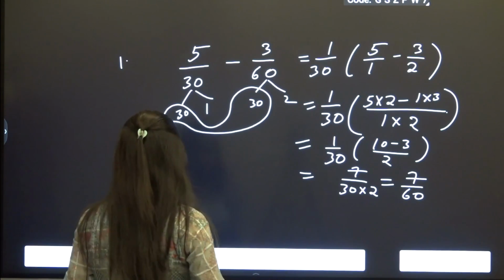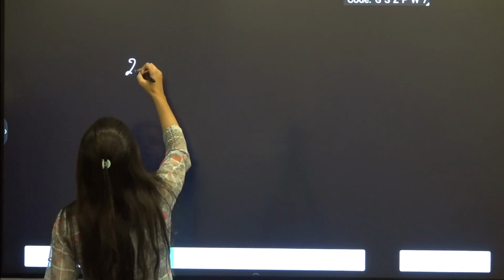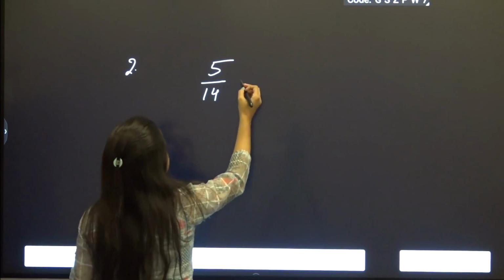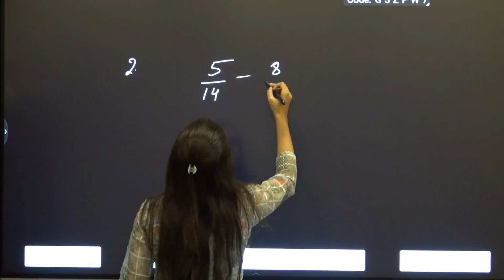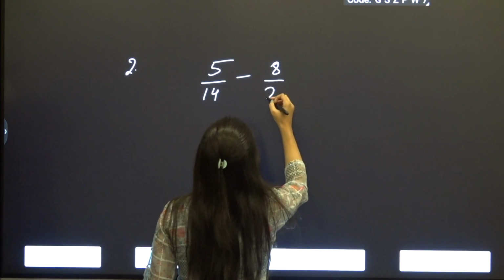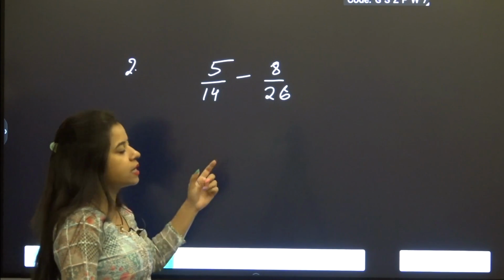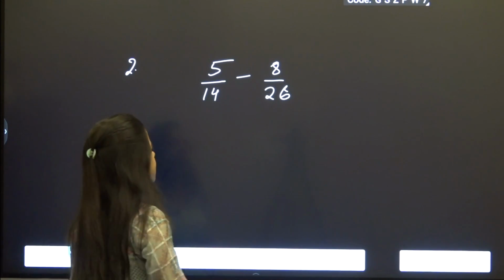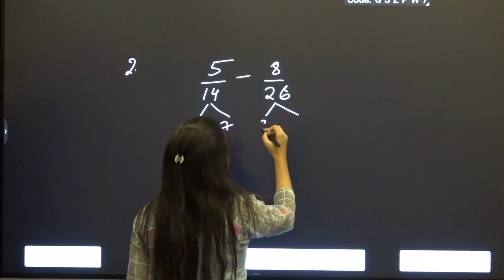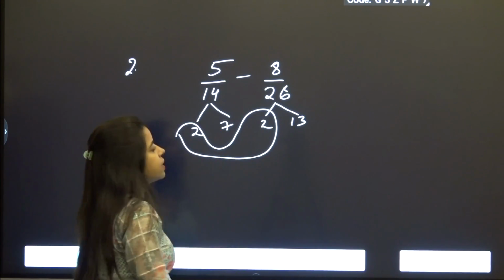Let us take another example where we have a common factor in the denominators, say 5 by 14 minus 8 by, let's say, 26. Now we can see that 14 and 26 have 2 as a common divisor. So 14 is 2 into 7 and 26 is 2 into 13. So the common divisor is 2.